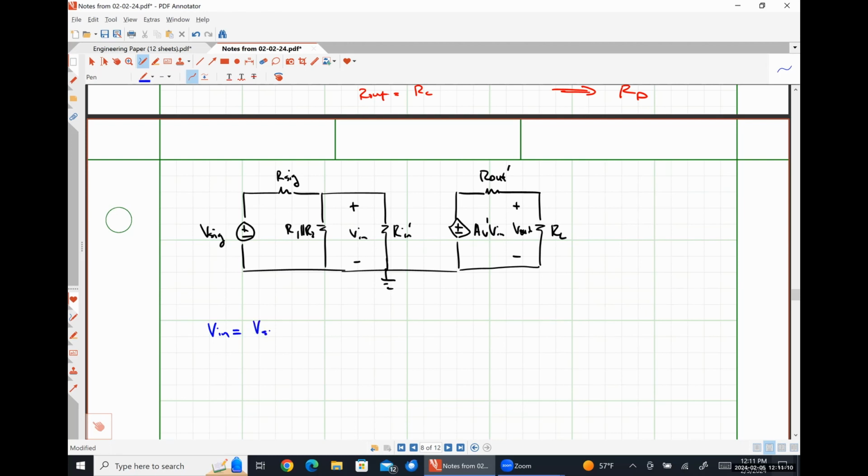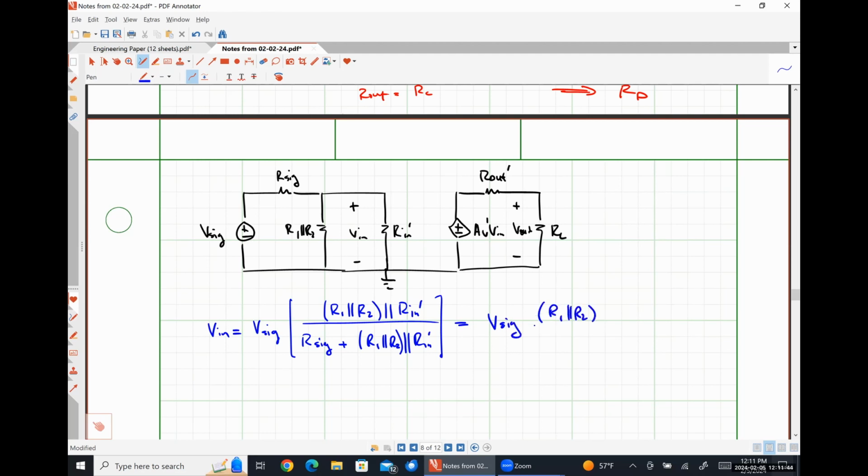Vin is just going to be Vsig times R1 in parallel with R2, that quantity in parallel with Rin prime, divided by Rsig plus R1 in parallel with R2 in parallel with Rin prime, which actually just becomes Vsig times R1 in parallel with R2 over Rsig plus R1 in parallel with R2, because we know that Rin prime is infinitely large.